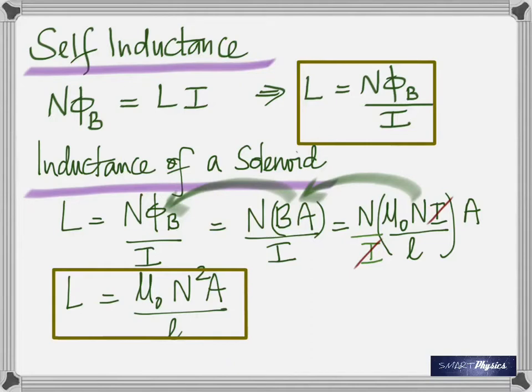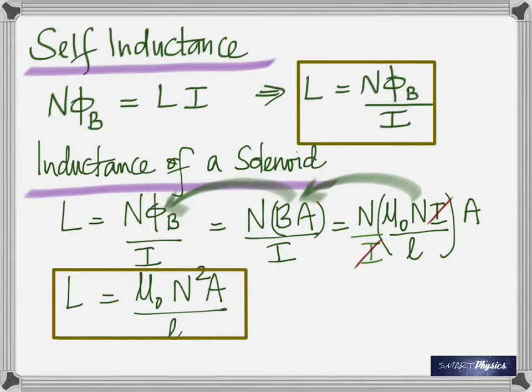What does mu naught stand for? Permeability of free space. So what if you have the solenoid wound on iron? That formula is going to change. In that case, you're going to multiply this with what is called mu r, which is relative permeability of that material, which is just showing you how many times it has a permeability greater than that of free space or air.